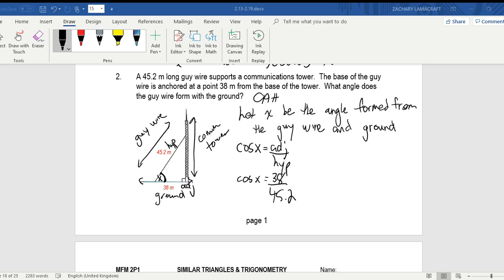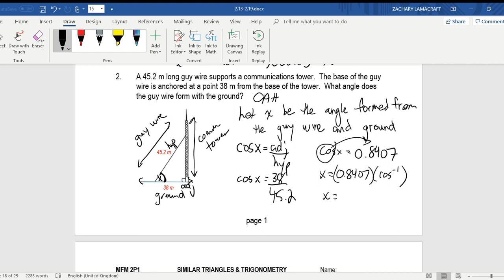Awesome. I got the exact same thing. So cos x is equal to 0.8407. And we remember that when we're left with this and we want to find the answer, we have to do the cos^-1. So it would be cos^-1 of 0.8407 because we brought it over to the other side. And when we do that, we use that second function button on our calculator.